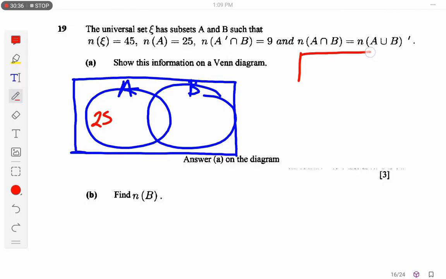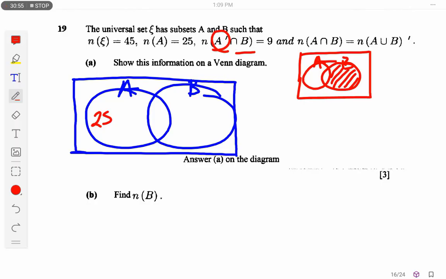We have got our Venn diagram, A and our B, they are intersecting here, and our B there. So what it means when it's intersection, it means it's something that is in B, like that. Okay, something that is not in A but intersecting with what is in B. So you find out it's that information there. Okay, so this is basically representing this. So at the end of the day, I can write my 9 here, like that.